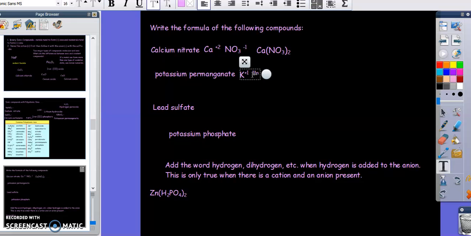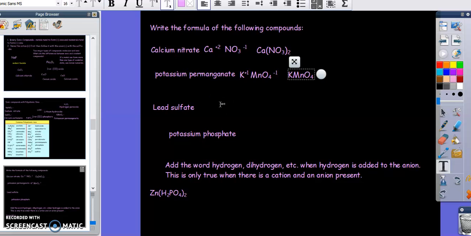But it happens to be MnO4, and it has a -1 charge. Crisscrossing the charge, lo and behold, these are the same number but opposite in charge. So it's going to be KMnO4 because the charges are going to cancel out.